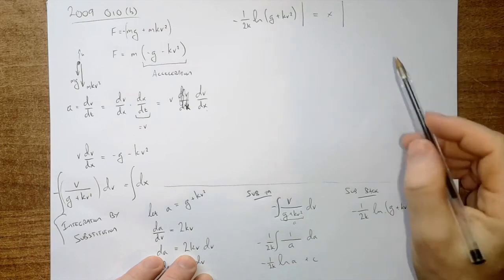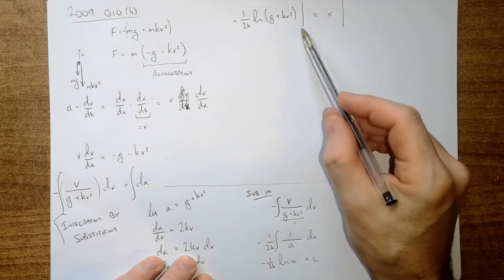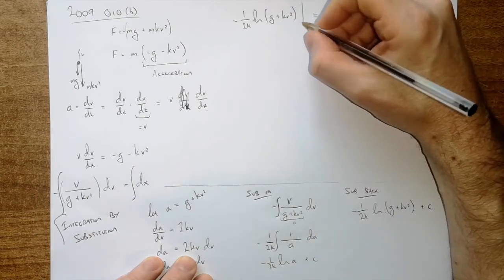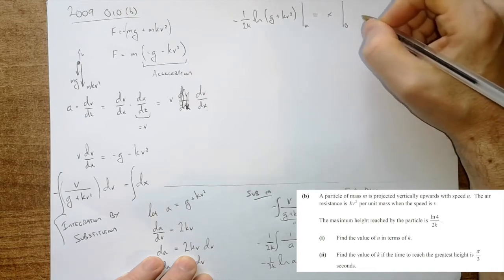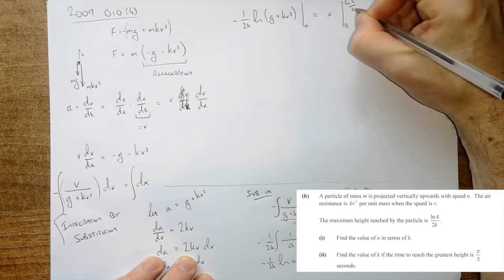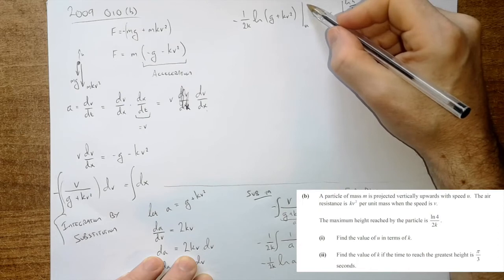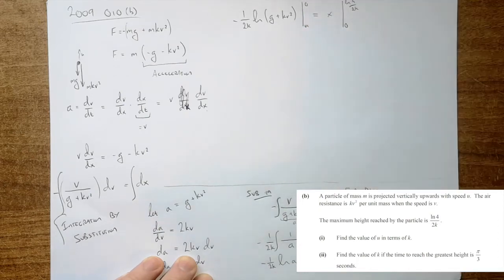Well, if we look at this one here, it's projected upwards with speed u, so when x is 0, the speed is u. So we'll put this one down here. Maximum height is then h, and the speed at the maximum height, well, what's going to happen to the maximum height? Think back to question 1, it's going to be 0.